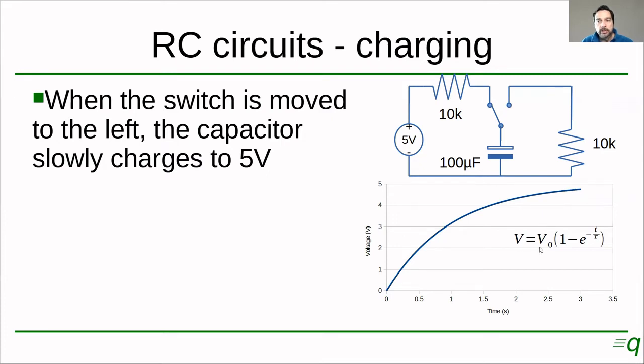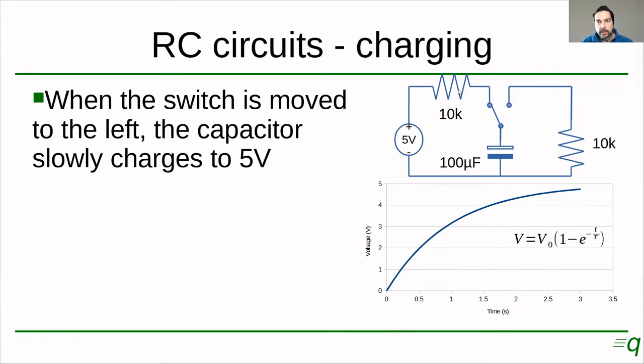V equals V0. This is not V0. In this case, it's going to be VF, the final voltage, times 1 minus e to the negative t over tau. So if you solve this equation, you will end up with a curve like this. Time constant is exactly the same.